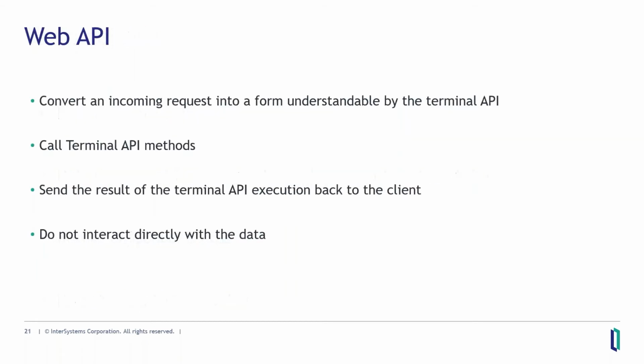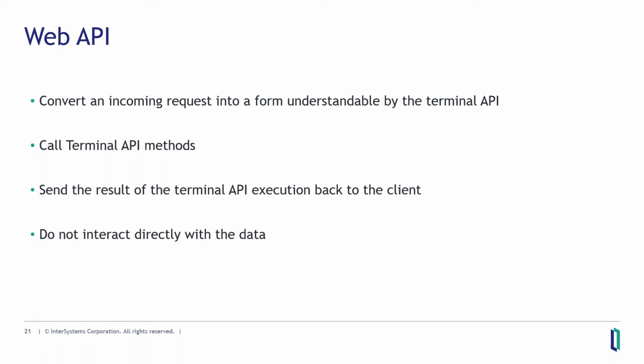Next, we have a web API, which corresponds with a client. It gets incoming requests via HTTPS, converts them into dynamic objects, next converts them into a form understandable by the terminal API, and calls terminal API methods. And sends the result.